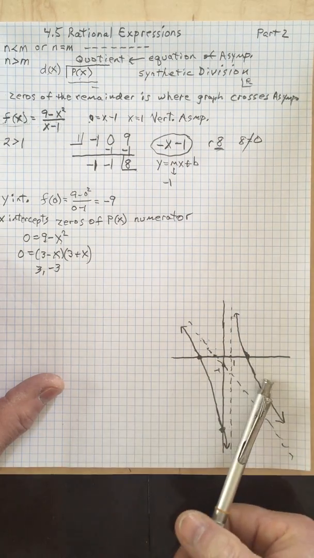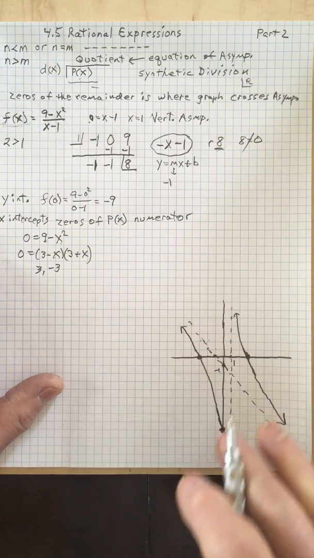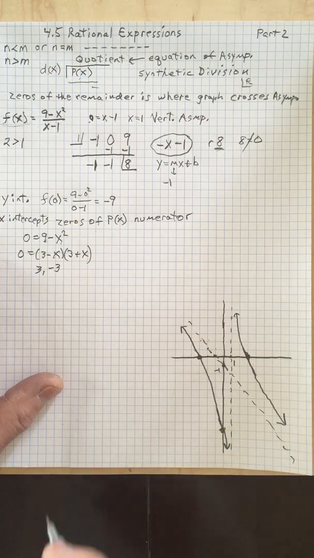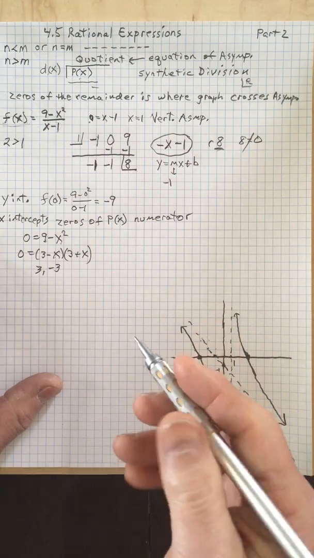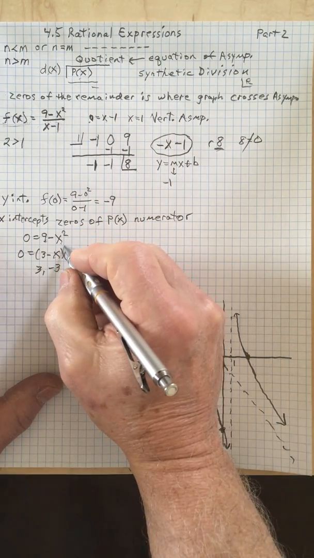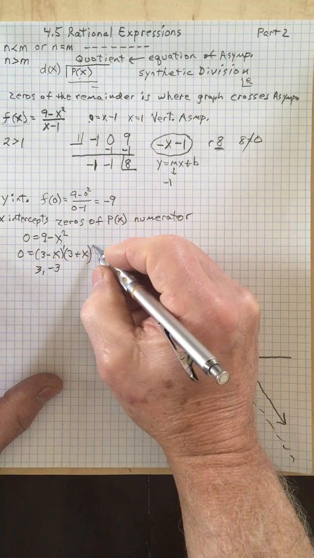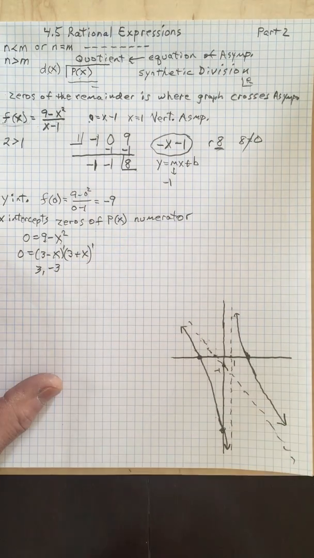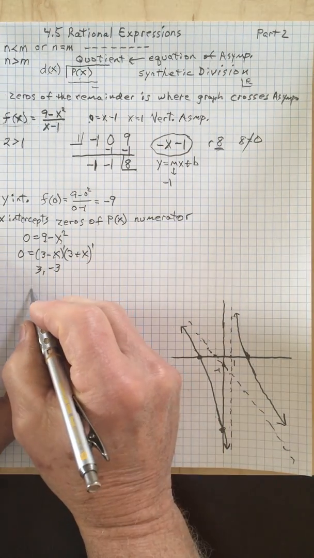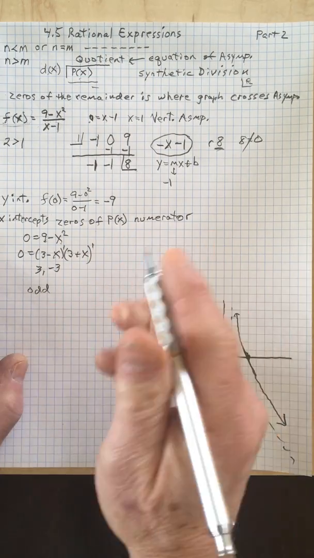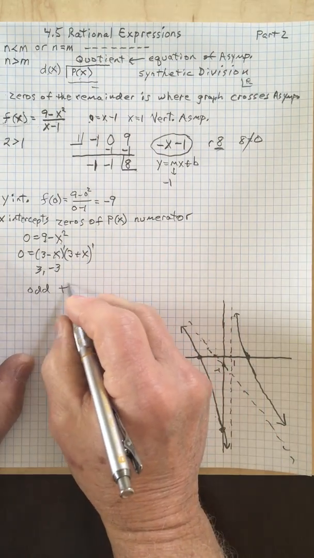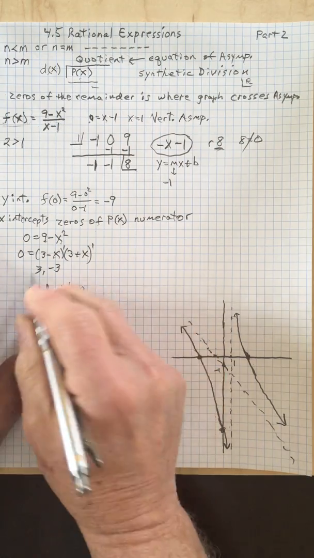Now, how do I know I go through these? Well, it makes sense looking at it, but one other thing that we didn't really stress here, but we looked at last time: remember, the multiplicity on these zeros is 1. When you have an odd multiplicity and it equals 1, then that means you go through that 0.